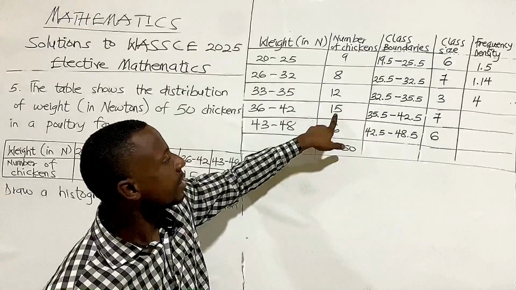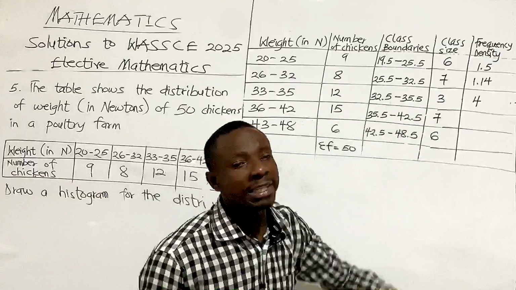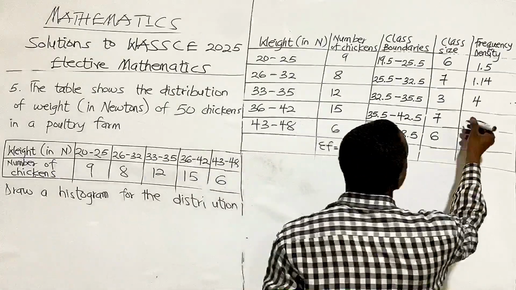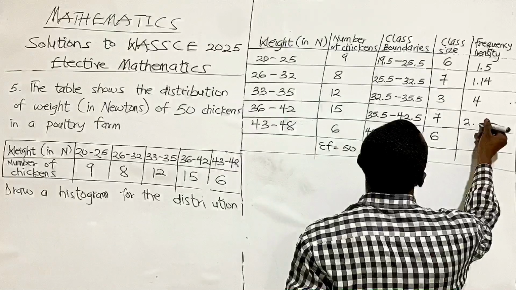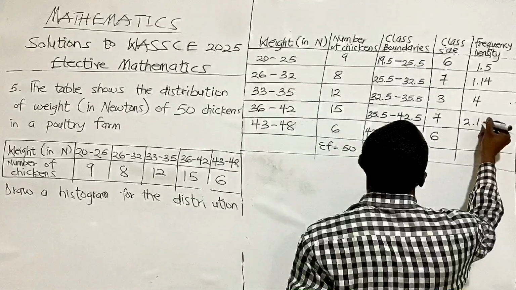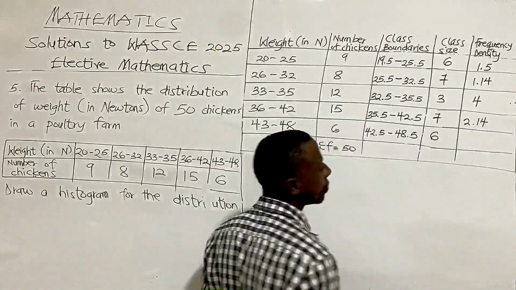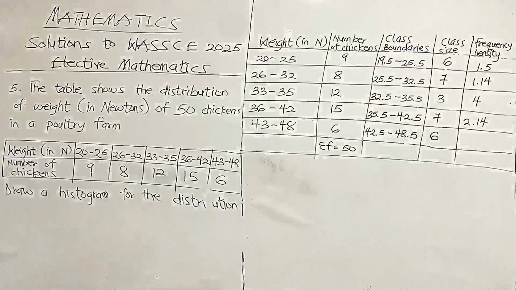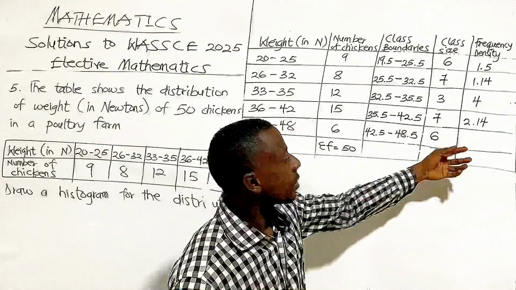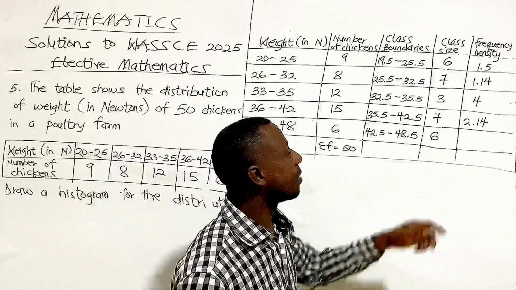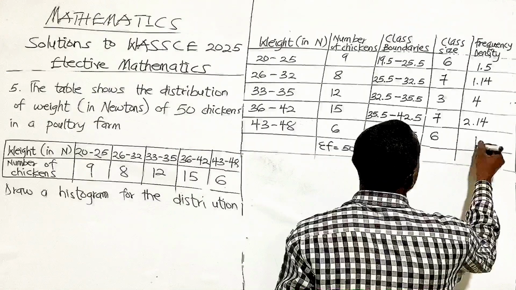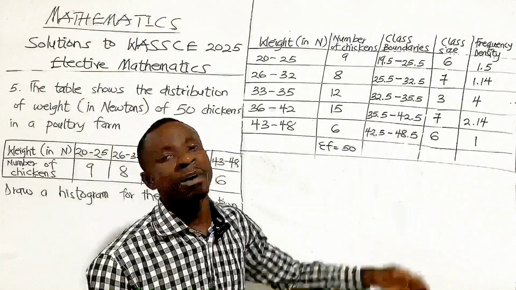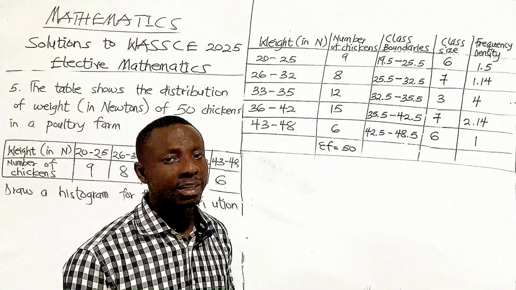From here, 15 divided by 7, we are going to get 2.14. 6 divided by 6, we have 1. And this will be our frequency density.